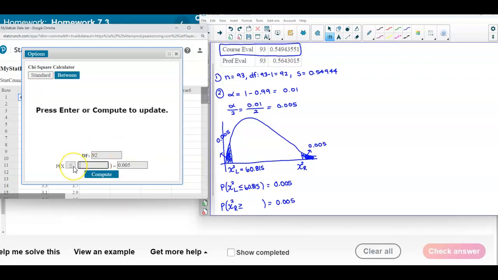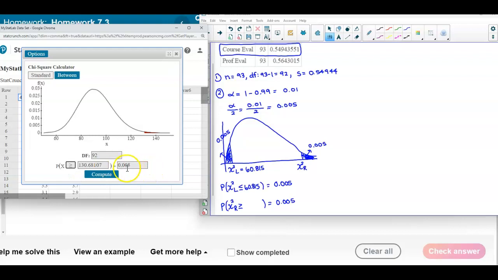Now we're going to erase that and change this inequality sign to greater than to find the right side. We have our area of 0.005, and rounding that to 3 decimal places is 130.681, as our critical value on the right.